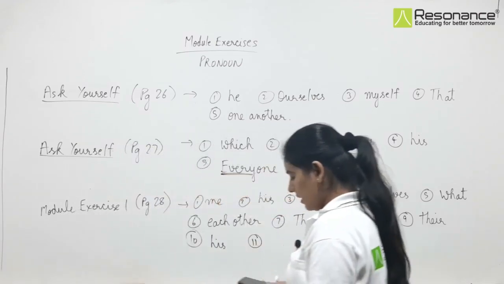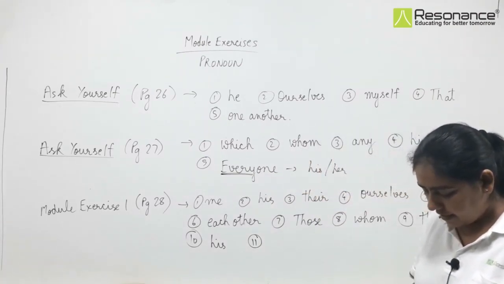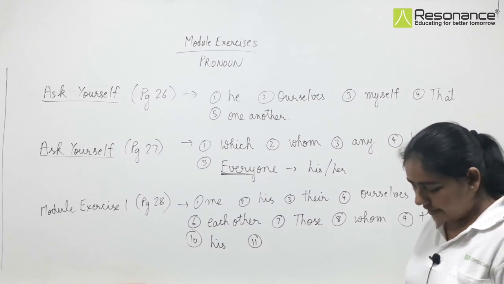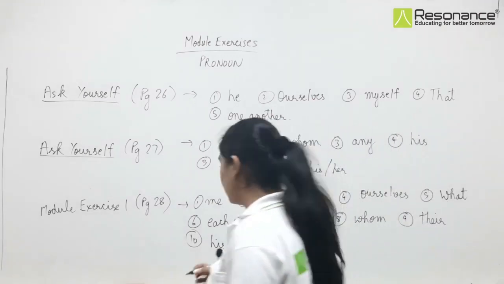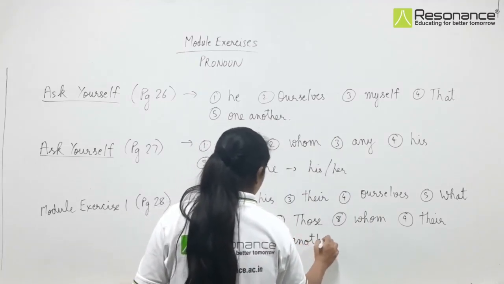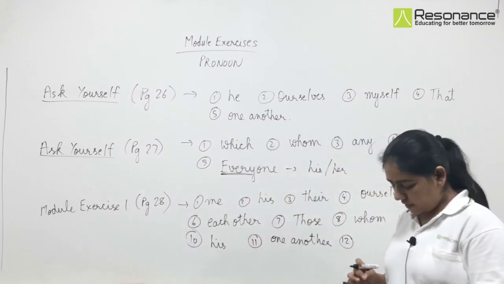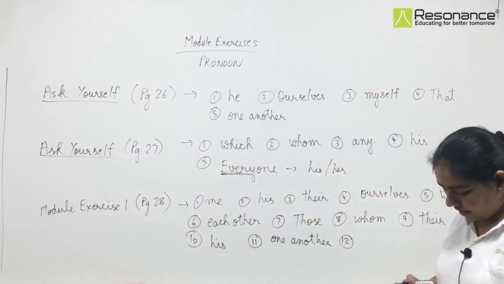Question number 11, the kids spend the afternoon kicking the ball to dash. The kids spend the afternoon kicking the ball to one another is the answer because we are considering more than two kids over here. That is why we are using one another.